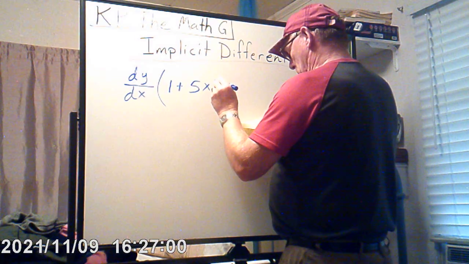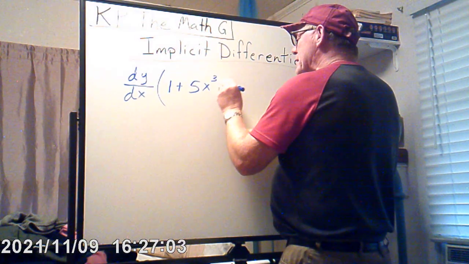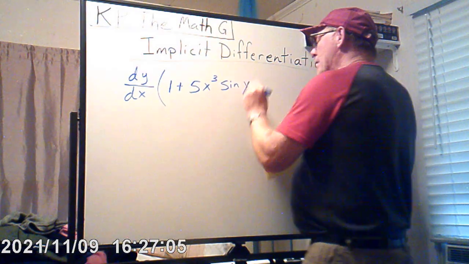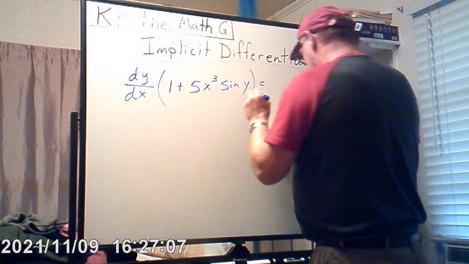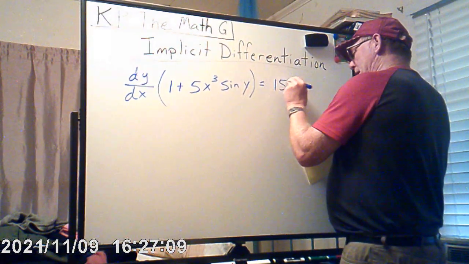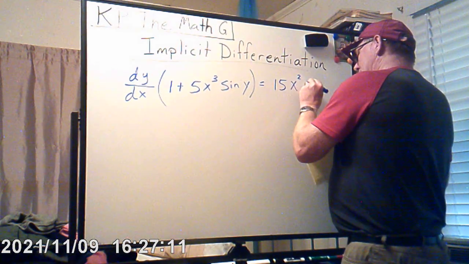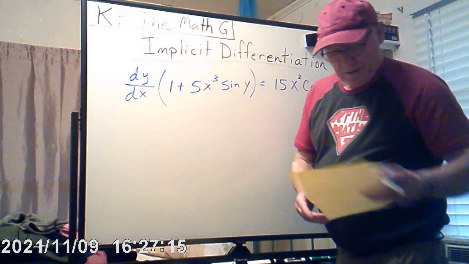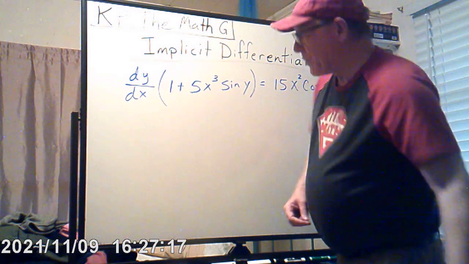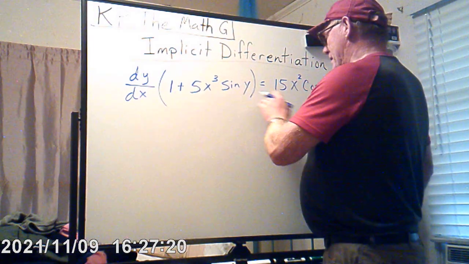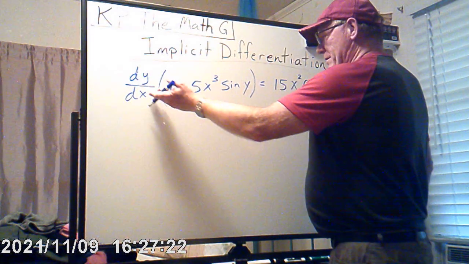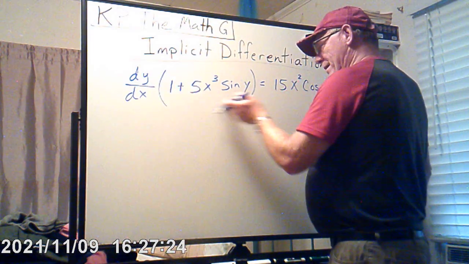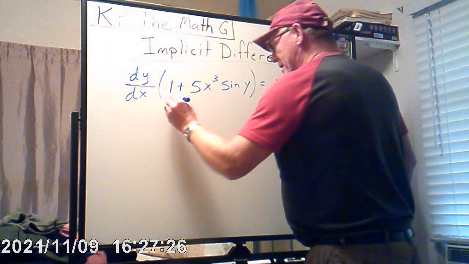5x cubed sine y is equal to 15x squared cosine y. Alright, there it is. Just like any other problem, a times b equals c. If you're solving for a, you have to divide by b. So here we go.